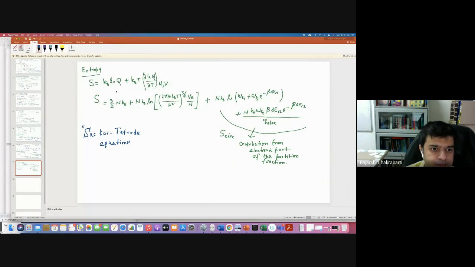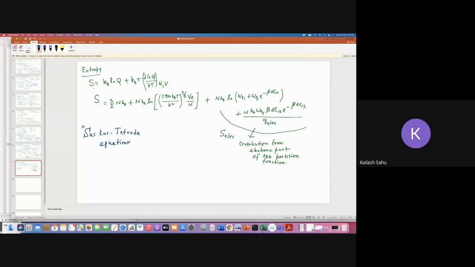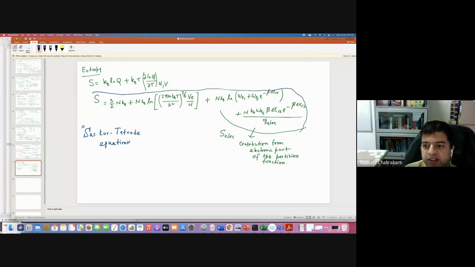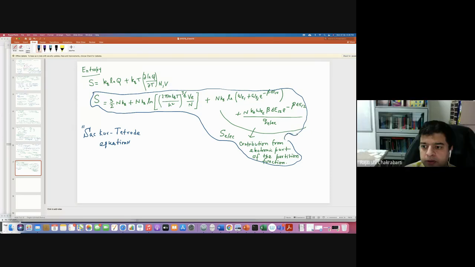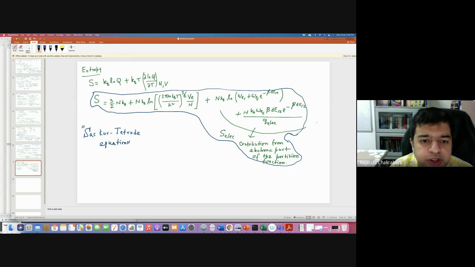It was done, but at that time it was not this detailed. So this is called the Sackur-Tetrode equation. In the last class, we dealt with only this part, the translational part, and we did other things.